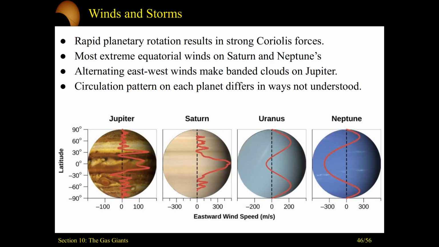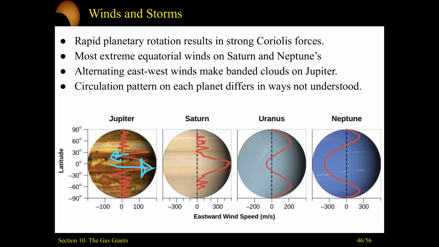So Jupiter, as we expect, has these huge band structures where you'll have regions of gas going easterly at 100, 150 meters per second. And then you go only a few degrees north, and suddenly it'll be going upwards of 20, 30 meters per second the opposite way. So you'll have these crisscrossing patterns of gases going very rapidly one way, and then just a few degrees north, they're going westerly in another direction.